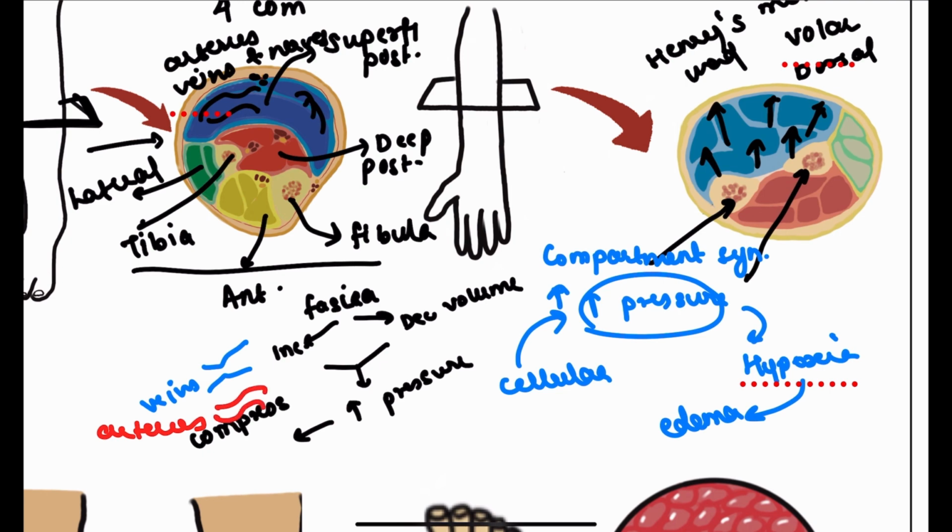Now if your arteries are getting compressed, that will obstruct the normal blood flow, which in turn will reduce the oxygen supply to the tissue, which will lead to hypoxia.